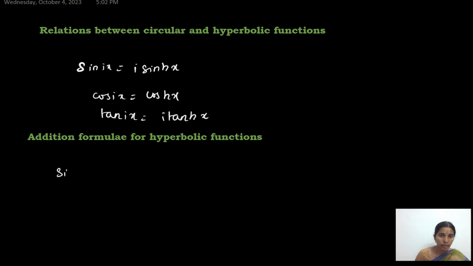First one, sinh(x + y) = sinh x cosh y + cosh x sinh y.